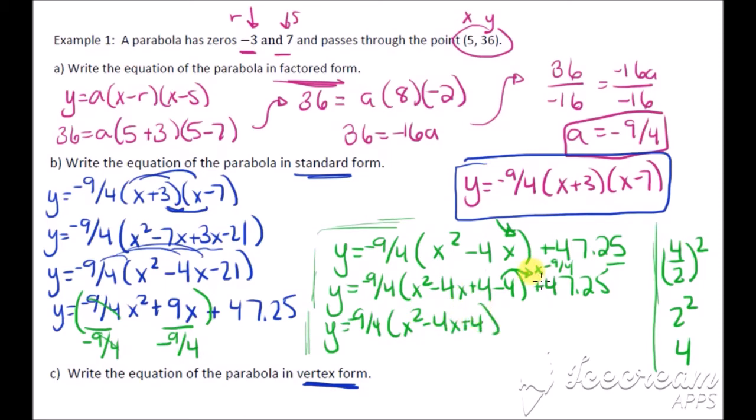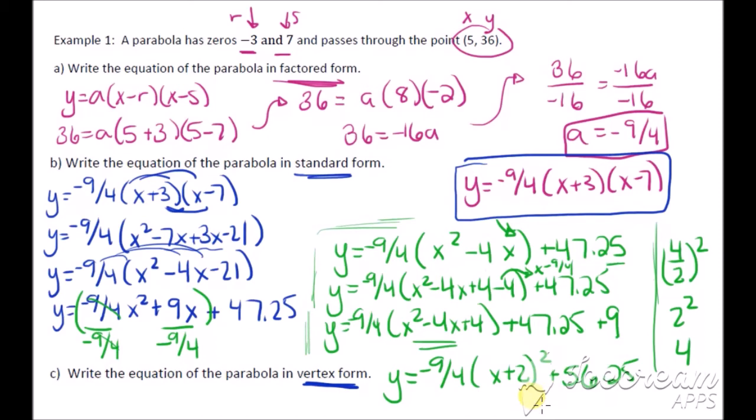If we multiply negative 4 times negative 9 over 4, we get 9. So we get plus 47.25 and then plus 9. If we factor this, we get y equals negative 9 over 4, x minus 2 squared. And then if we add these two, we get 56.25.